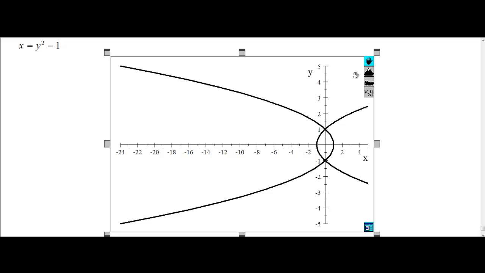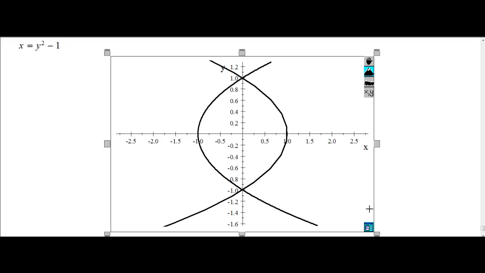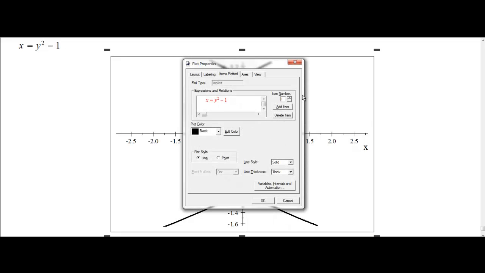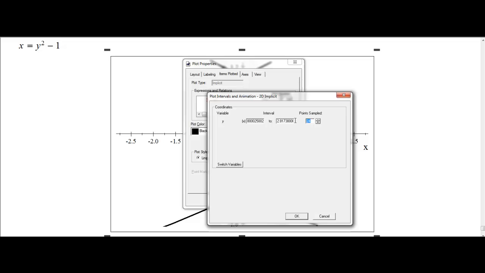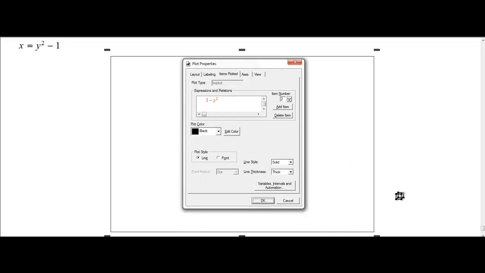Let's zoom in into the portion right here. This one didn't come out that nice, so I'm just playing with this. Okay, now it will be smoother.